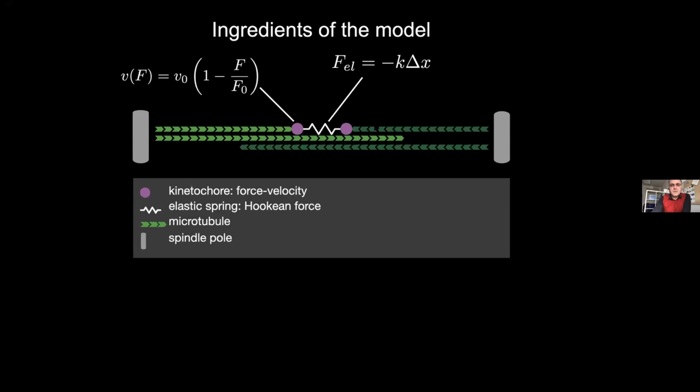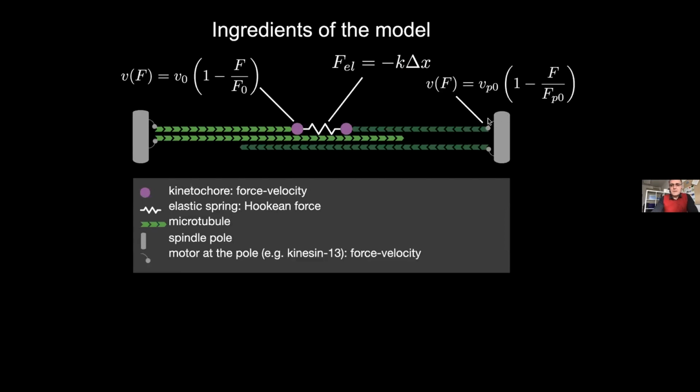What forces are present there? First, we have this link between the microtubule and kinetochore, and the forces exerted by the microtubule and the kinetochore are described by a force-velocity relationship. The elastic property of the chromatin that links the chromatids is described by a Hookean elastic spring.